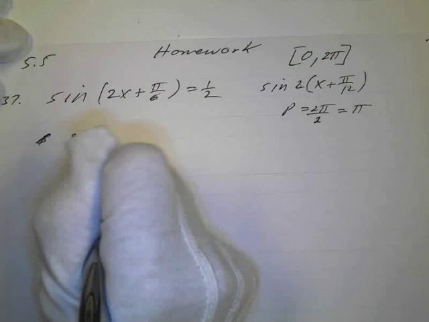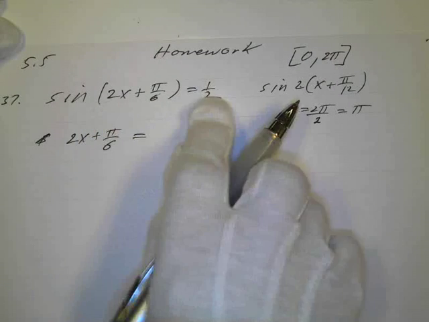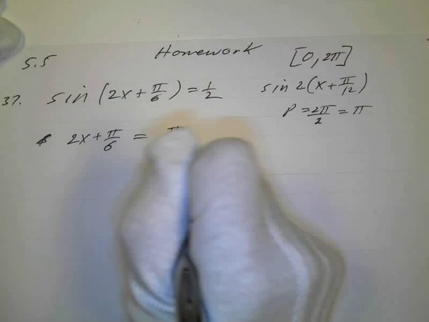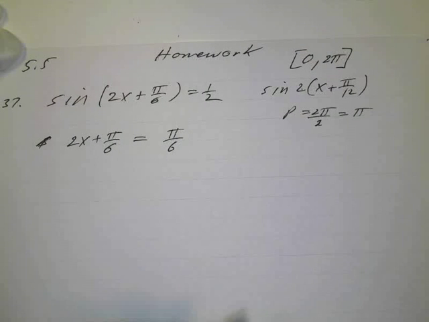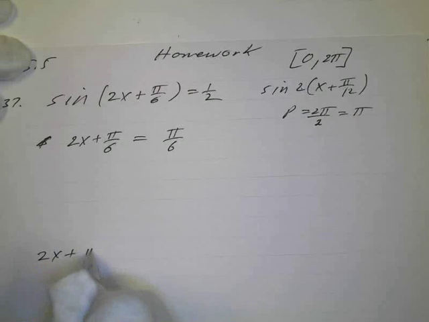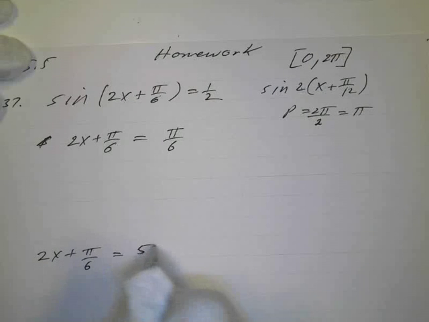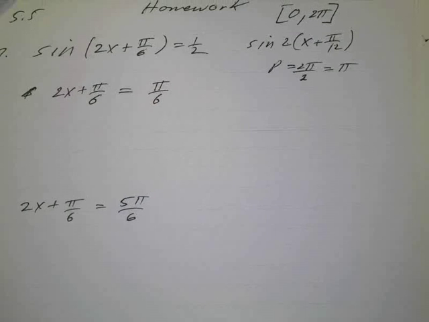Okay? So I would say that 2x plus pi over 6 equals, and the sine of pi over 6 is 1/2, so that would be pi over 6. And then also, in the second quadrant, because it's also positive, I'd have to say over here, 2x plus pi over 6 equals 5 pi over 6.